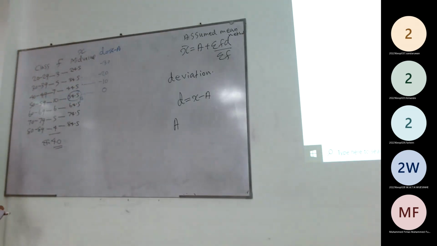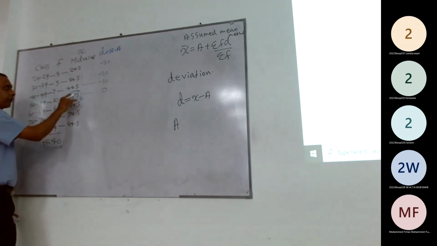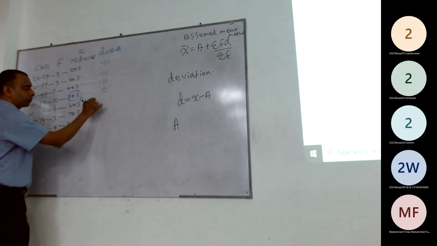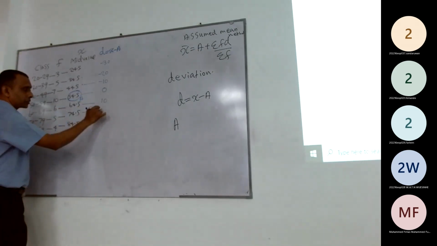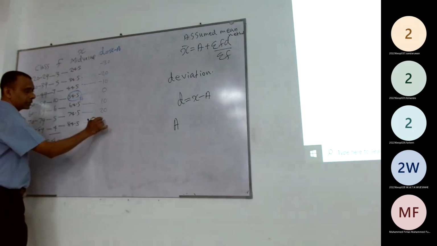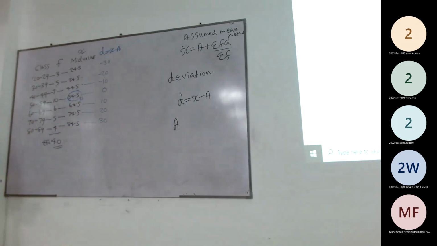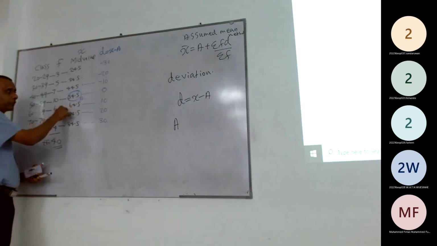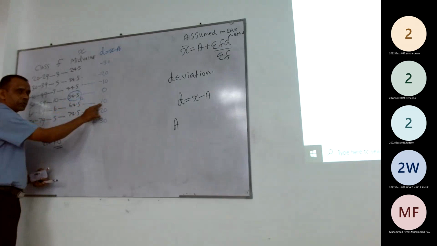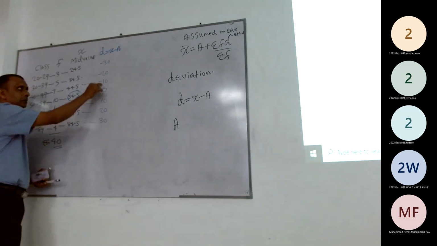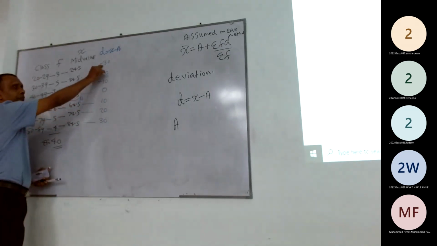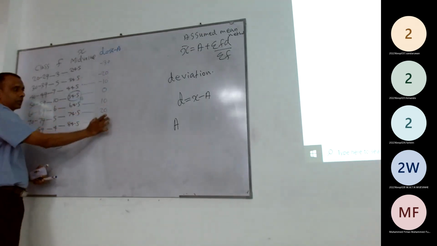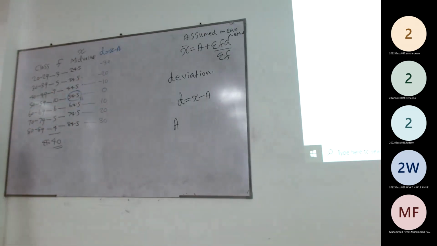It goes like that. 64.5 minus 54.5 is plus 10, plus 20, plus 30. If anybody started with 64.5 as A, this will become 0, minus 10, minus 20, minus 30, minus 40, and plus 10, plus 20. No problem. Finally, you will get the same answer.